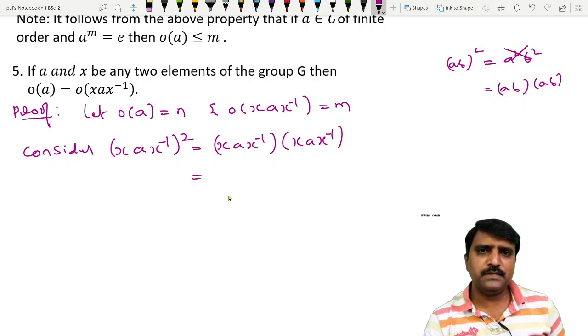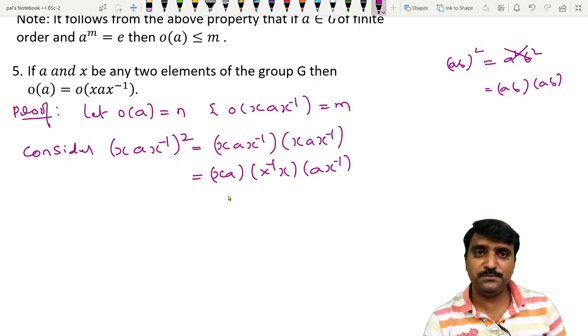Here we can use the associative property, so we can group this in a different way. Then you can write it as xa into x inverse, x into a into x inverse, by using the associative property. You can use the associative property because G is a group, otherwise we can't use this property.